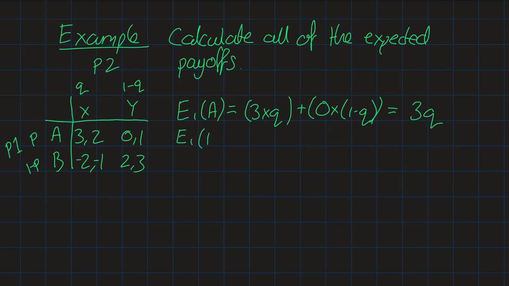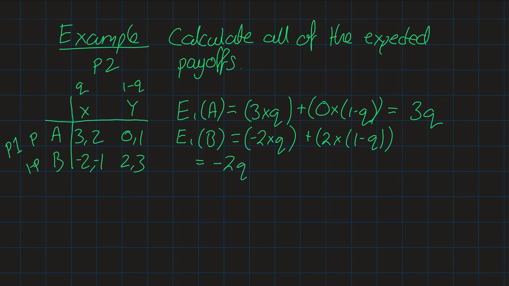The expected payoff for player 1 if they play B. If player 1 chooses to play B, they're going to win 2 points Q of the time and 2 points 1 minus Q of the time. Let's write this out. That's minus 2 times Q, it's minus 2, plus 2 times 1 minus Q. And let's simplify this.